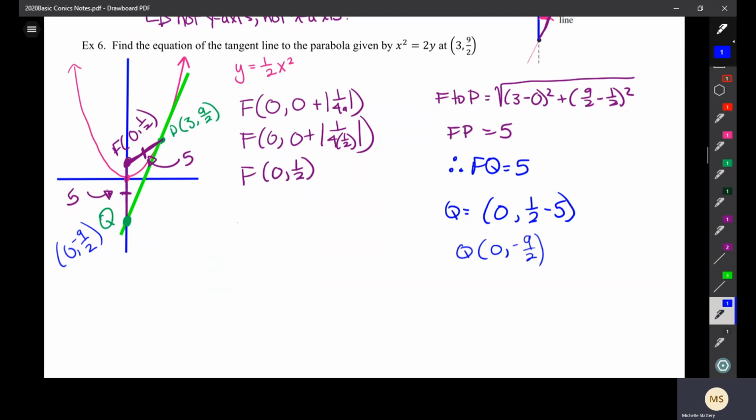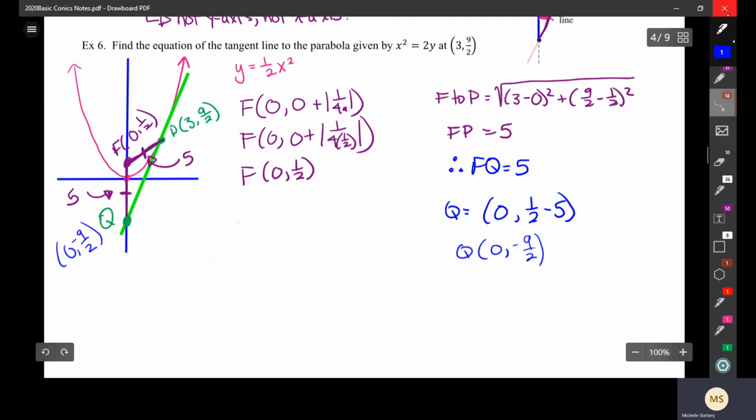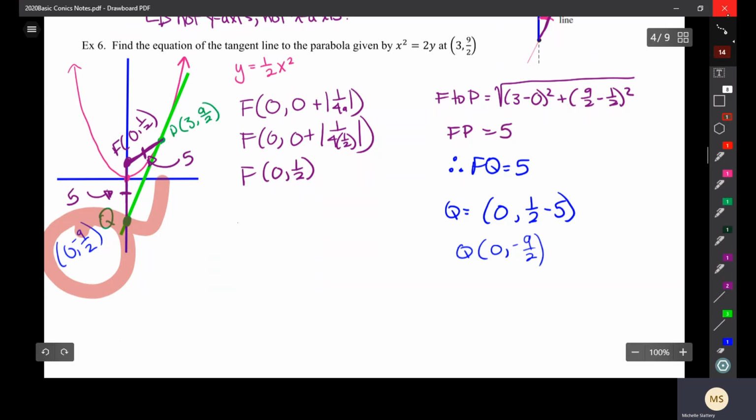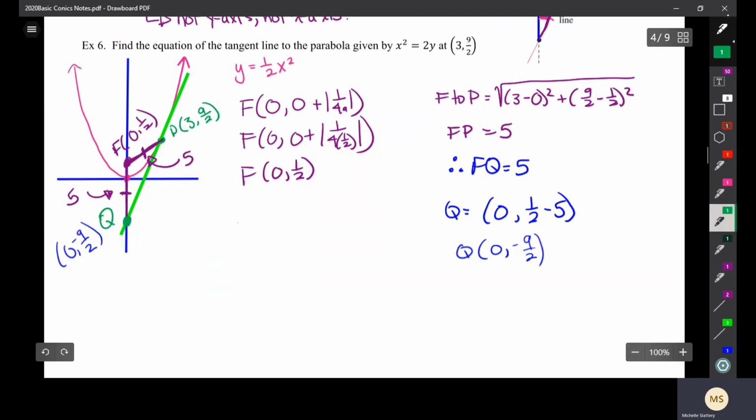Okay, cool. And so now, since I have point P is 3, 9/2, I have point Q here. I can use those 2 points to find the equation of my line. So equation of a line, point slope form. So y minus y1 equals m times the quantity of x minus x1.